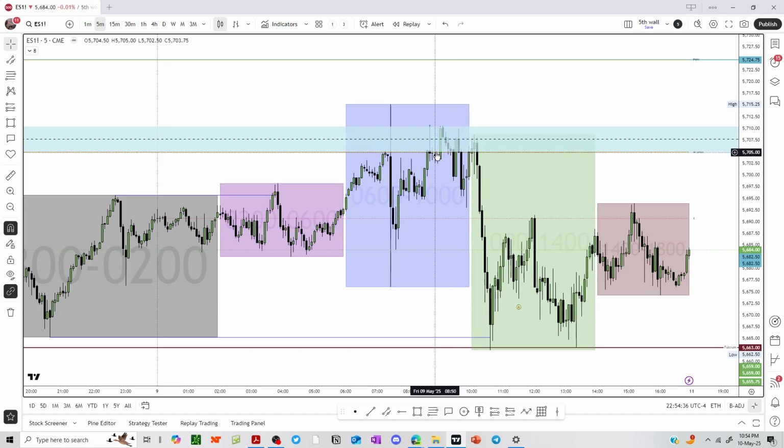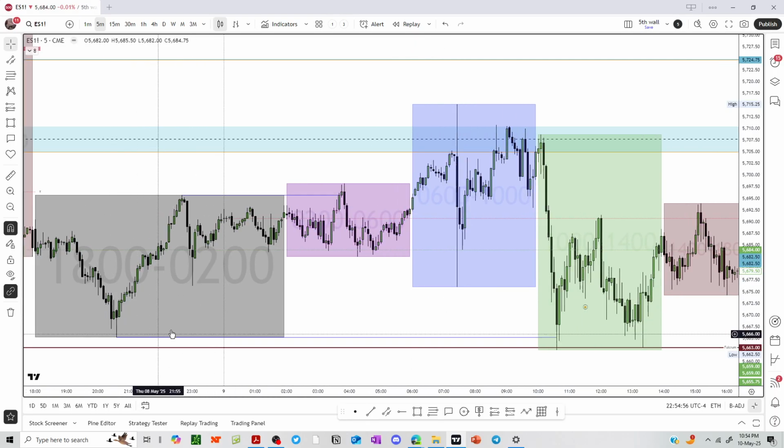You could utilize here for a cleaner entry, or here for an acceptable entry, because the stop loss would have been here. And targeting, so this is your 10 o'clock candle, targeting the previous candle's low, and then the Asia session low.